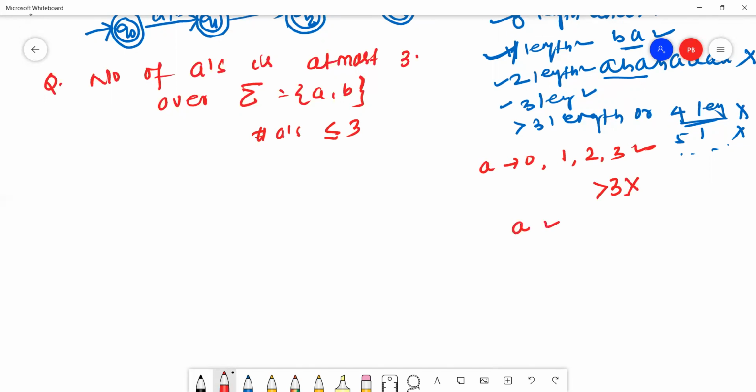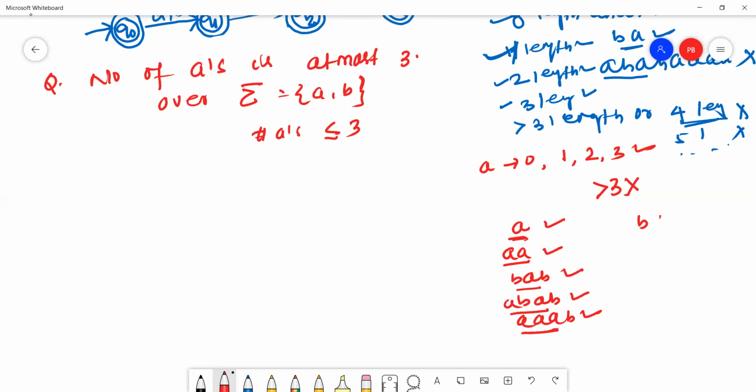Suppose A, it is a valid string. Double A, it is a valid string. B A B, it is a valid string. B A B A B, it is a valid string. Triple A B, it is a valid string, because the number of edges is less or equal to 3.